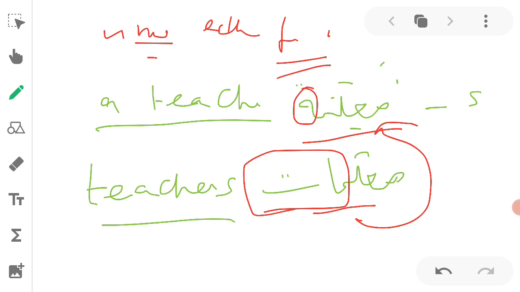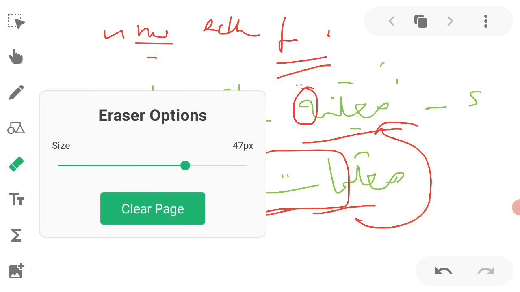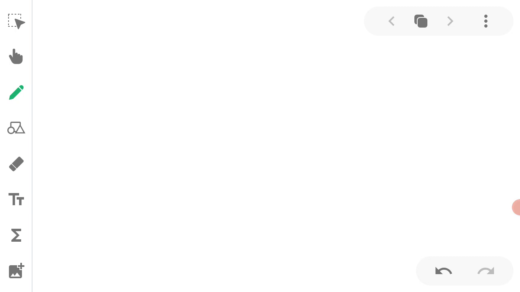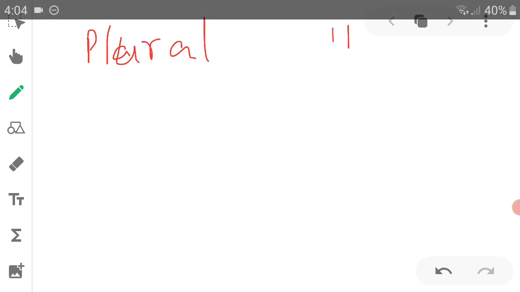Okay, so we gave enough examples to illustrate all the 3 points which a plural has to fulfill in order to be declared a simple plural in Arabic language, or just al-jam'.